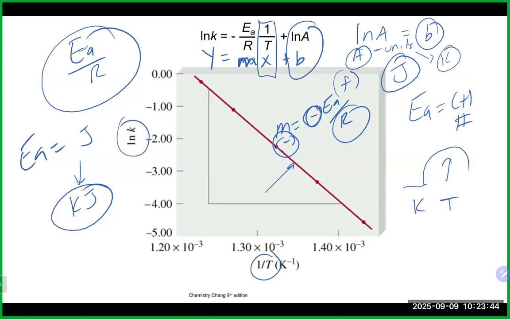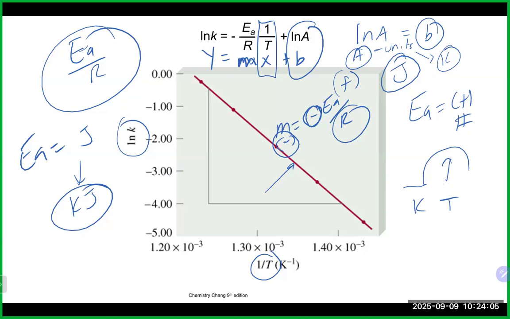You would then need to go through all those k values before you make the graph and natural log them all, right? And the temperature values, if they happen to be given to you in Celsius, you need to convert them to Kelvin and take 1 over the Kelvin value and make your graph. I say this because in this chapter, there may be some homework problems where you might need to make a graph. It's the best way to solve them.